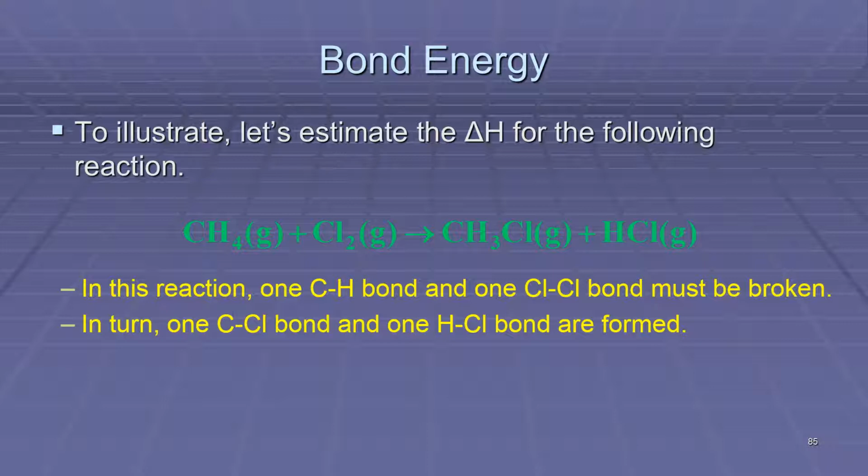If you can't see that, it's okay to just go ahead and totally break every bond and then reform every bond. In this case, you would break 4 C-H bonds and a Cl-Cl bond, and then form 4 C-H bonds, a C-Cl bond, and an H-Cl bond.